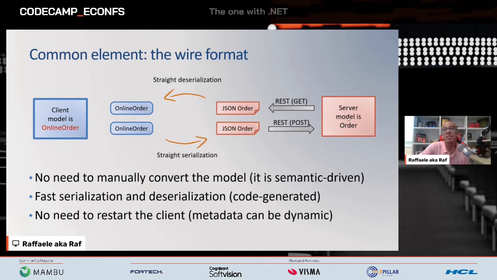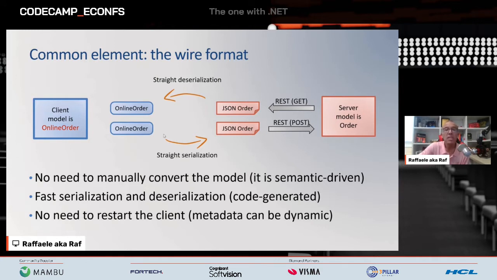And this is so cool because you avoid the additional step of the conversion. You are doing straight deserialization, and even better, you don't have any knowledge of the order. Well, we have some knowledge of the order because this transformation is done inside the client, but it's not using the system type anymore. So you don't have any assembly you depend on.